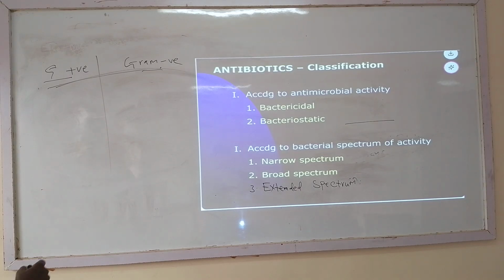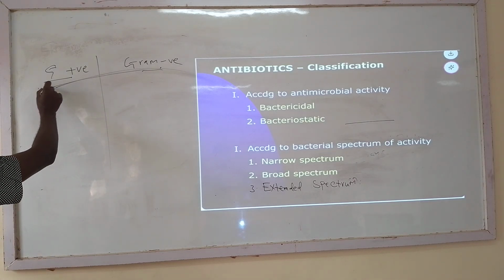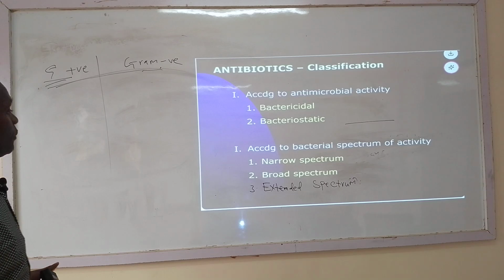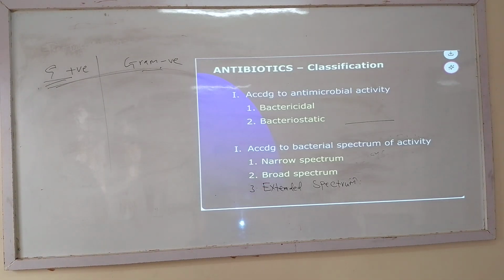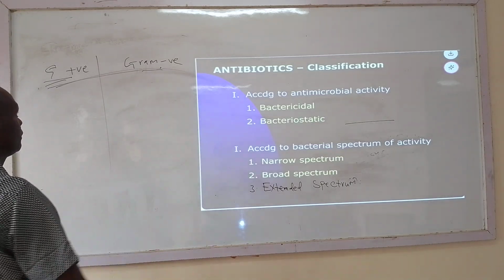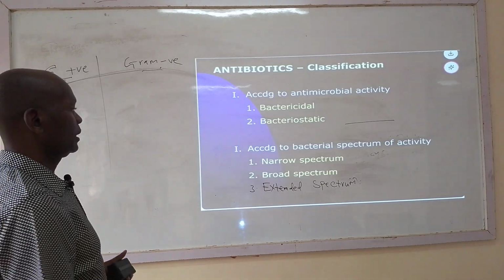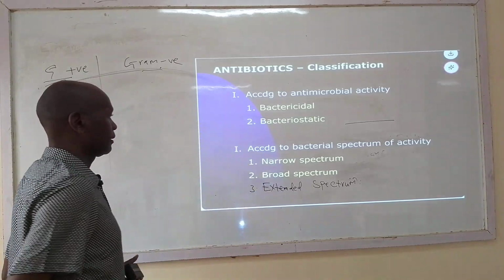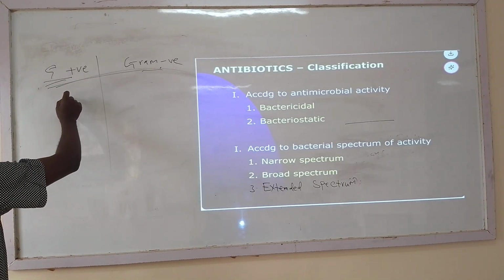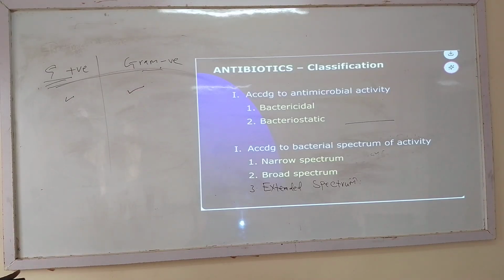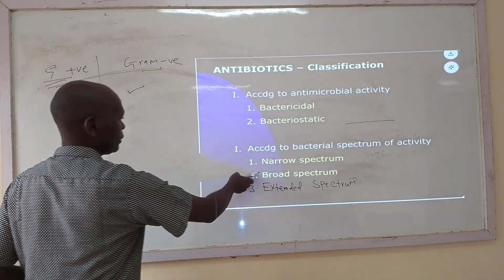If you have antibiotics which act on gram-positives only, that is an example of a narrow spectrum. And when you have antibiotics which act on gram-negative only, that is also a narrow spectrum. But when you have antibiotics which act on both, that is what we call broad spectrum.